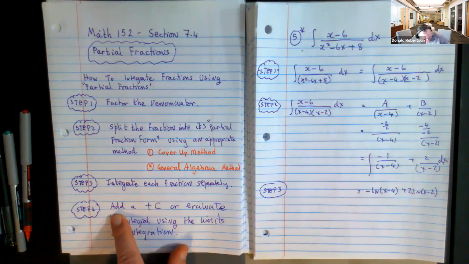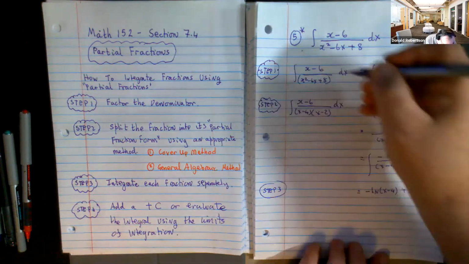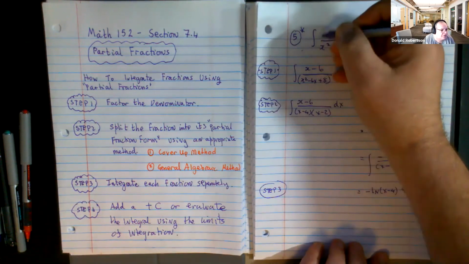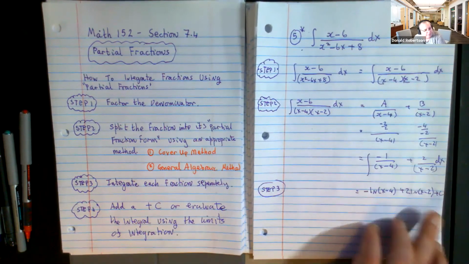Step 4, add a plus c or evaluate the integral using the limits of integration. In this question here, would you agree it's an indefinite integral? So there's step 4.